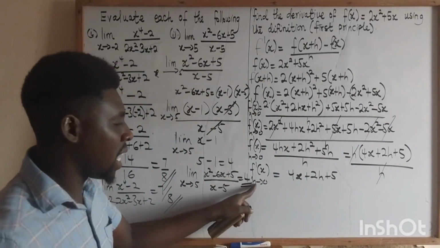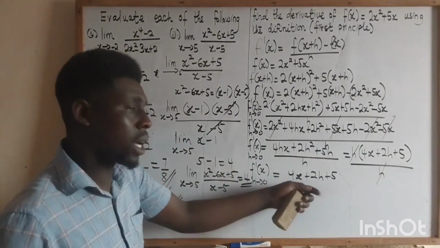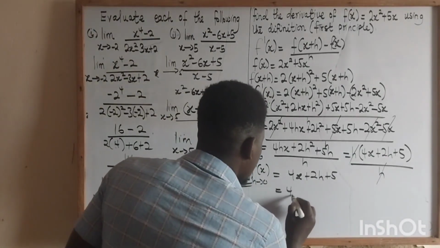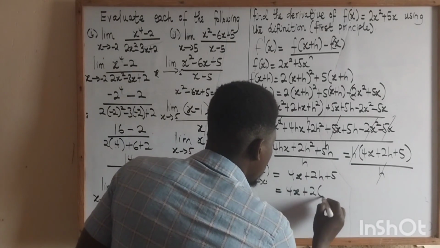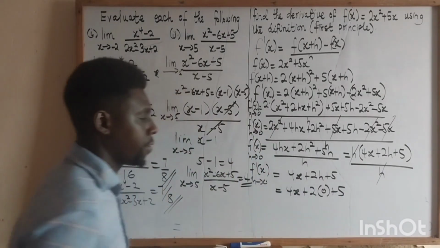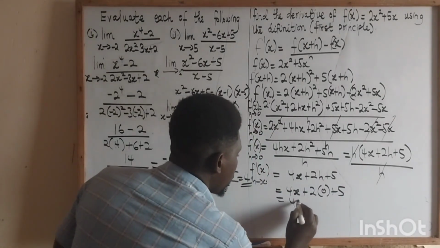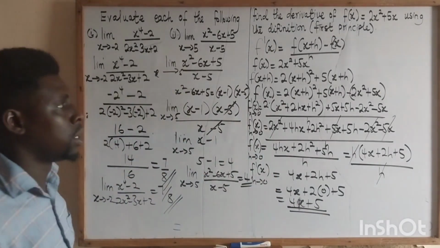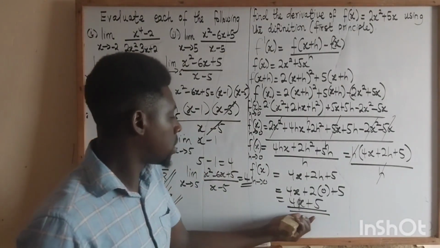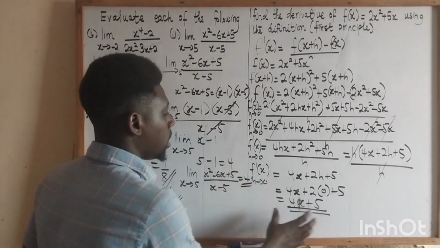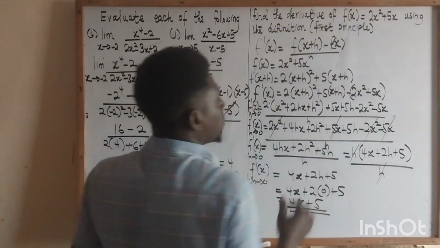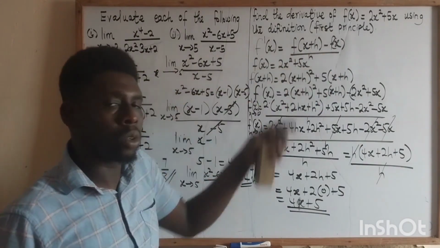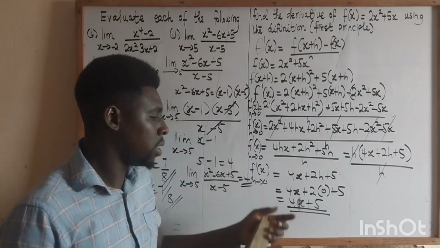Where h is approaching 0, we can now substitute h as 0. So we have 4x plus 2 times 0 plus 5, which gives me 4x plus 5. So our derivative of this function is 4x plus 5, when you use the formula f of x plus h minus f of x all over h. This is where we end.